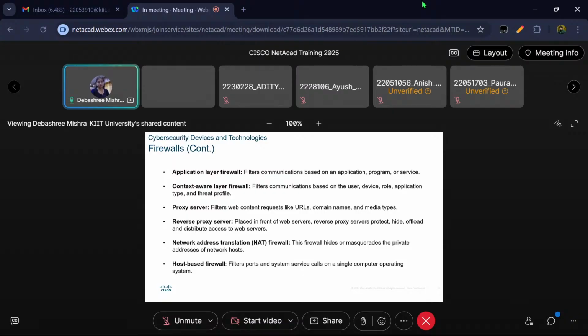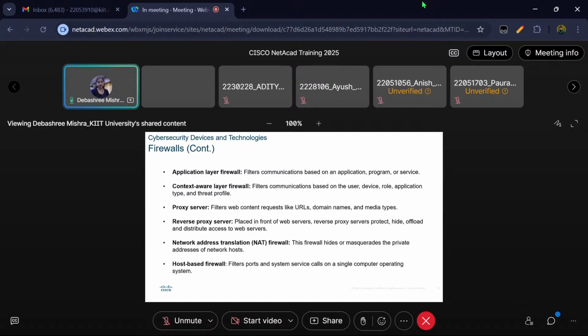This firewall basically hides the private address of the network host. Next is your host-based firewall. This is again a filtering technique, which filters your ports, systems, and services calls on a single computer operating system.